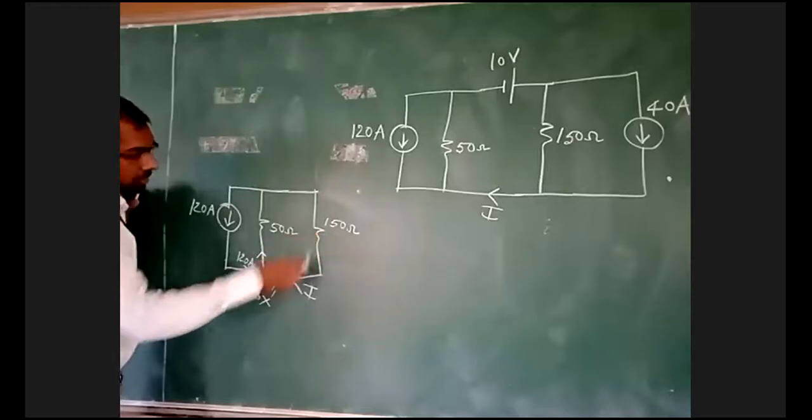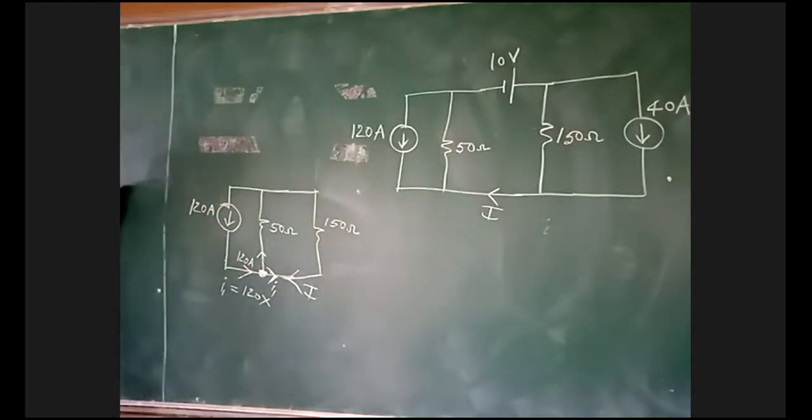I1 is flowing in the 150 ohm. The opposite will be 50. What is the opposite branch?